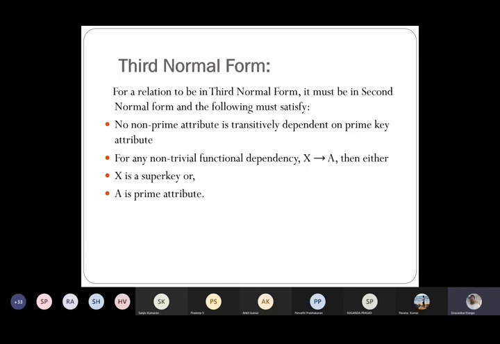So a relation is said to be in third normal form if it has met the requirements of second normal form, and it must satisfy the following conditions: no non-prime attribute is transitively dependent on the prime attribute, and for any non-trivial functional dependency to hold, X determines A, then X is a super key, or A is a prime attribute, right?